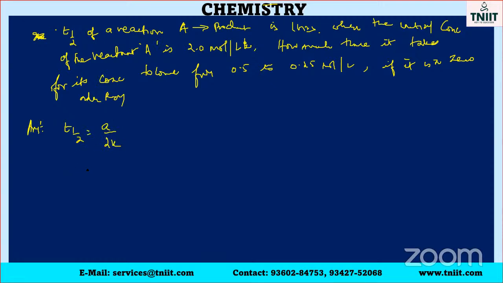T half is 1 hour. That is equal to initial concentration 2.0 divided by 2K. So K will be equal to 1 mole per liter per hour. We can simplify this, the 2 will get cancelled.